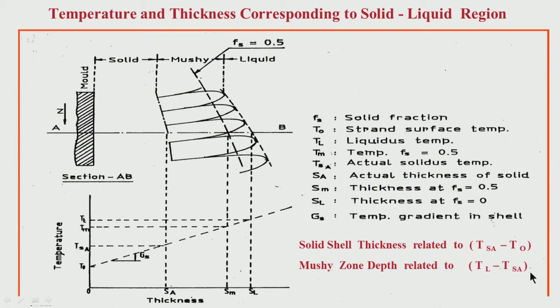Since segregation is suppressing this, is bringing down this actual solidus, TL, that means the liquidus is more or less constant, T0 is more or less constant.